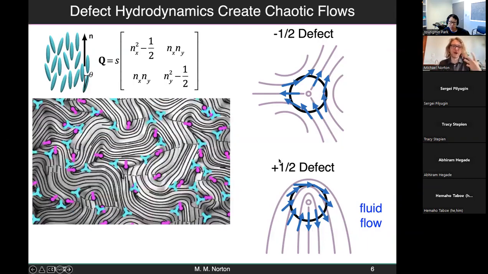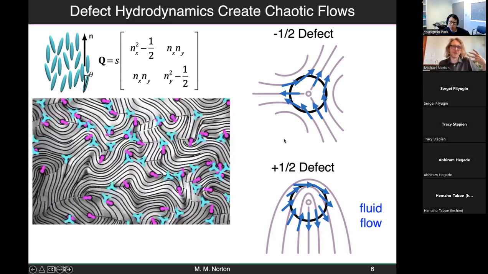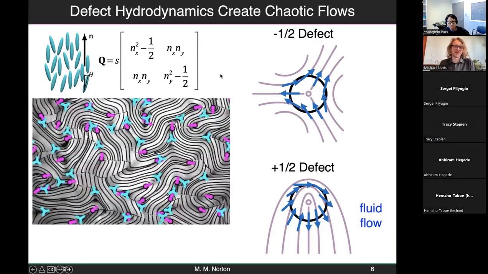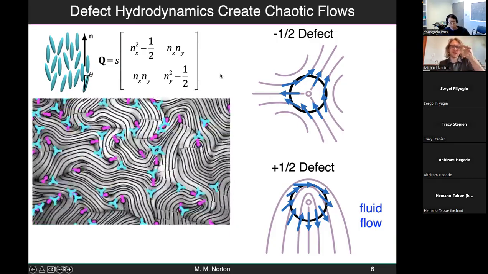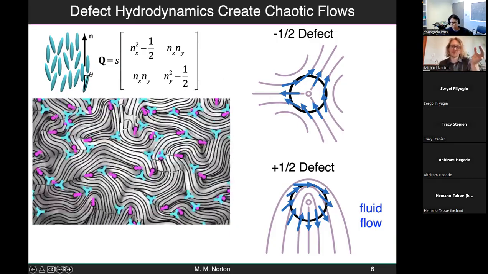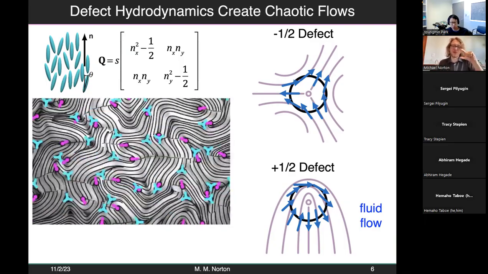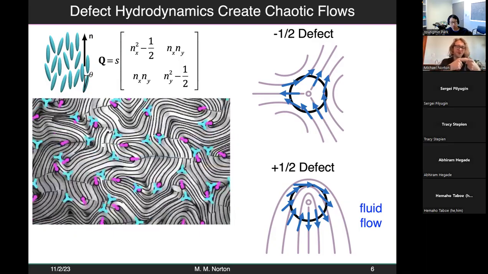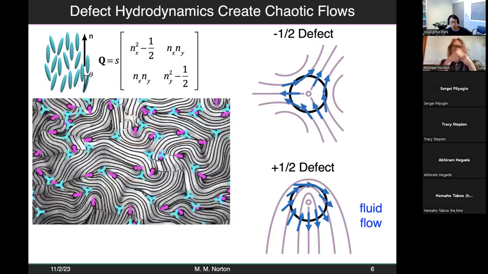That's permitted by the fact that we have what we call a nematic field rather than a polar field. This is a field that doesn't have a head or a tail. So this is not like a typical vector field that points. This director field points, but it's invariant to a sign flip.